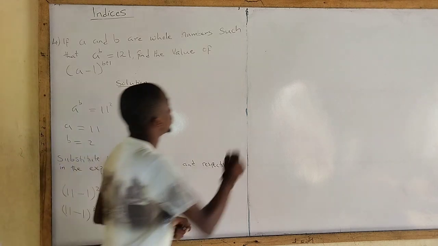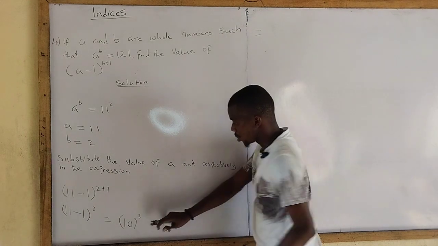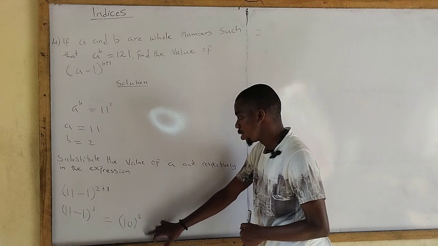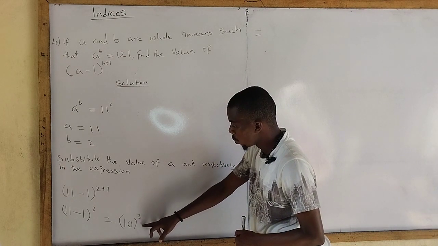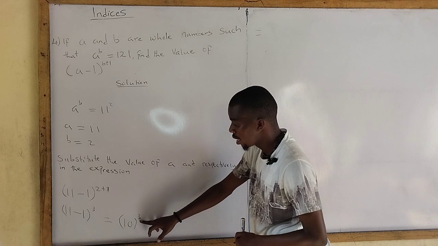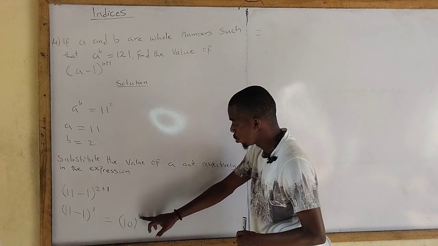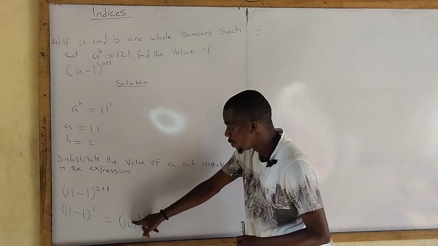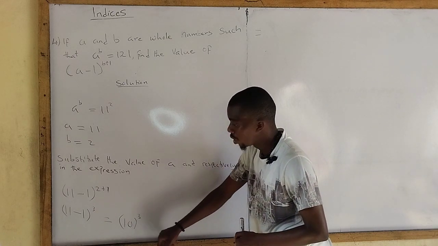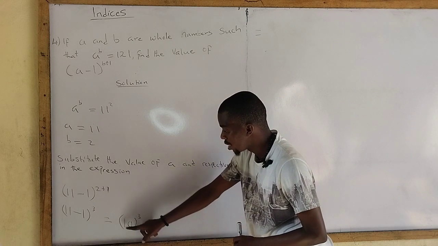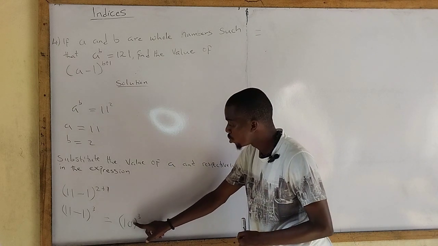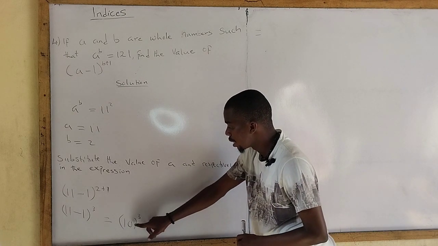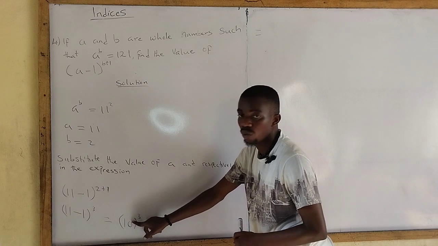Remember the product power rule: if you have a number raised to a power enclosed in a bracket like this, you multiply the power outside with the power of the number. Remember that this 10 is raised to the power of 1, but we don't usually write it. So 3 times 1 is equal to 3.